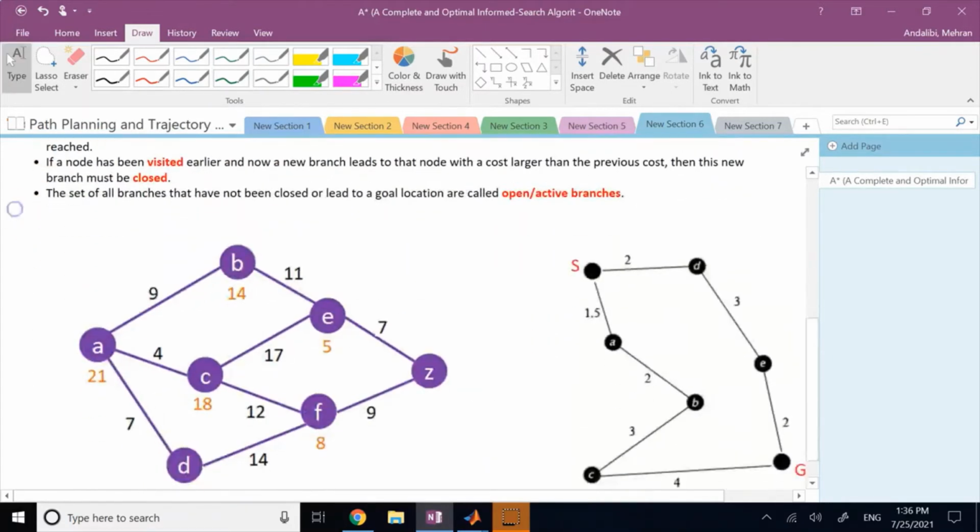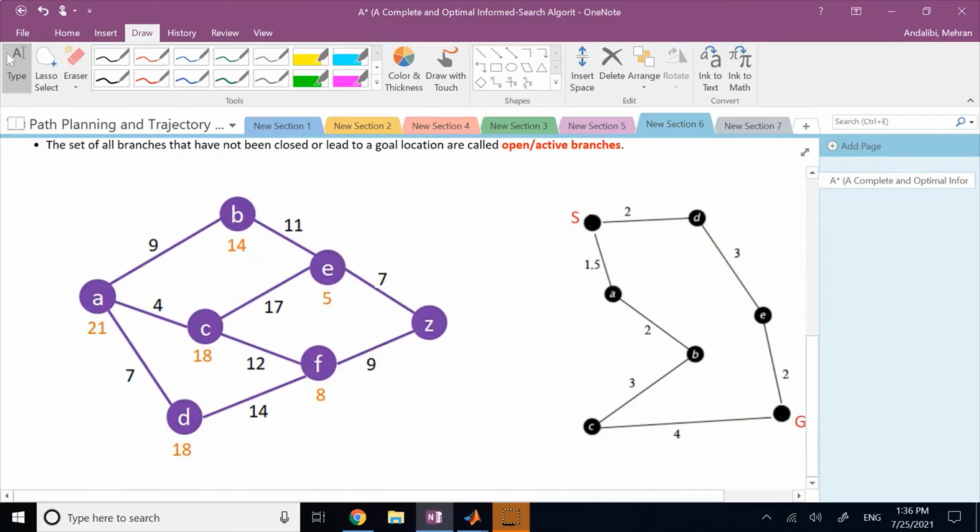Now, for example, when I go from B to E, or E to D, the h here at x, so this is my x, this is my y, the h here at x is 5. The h here at y is 14, and the dxy is 11. So if h at x is less than the weight of the edge plus hy, then I'm good. And clearly it is. Here 5 is less than or equal to 11 plus 14.